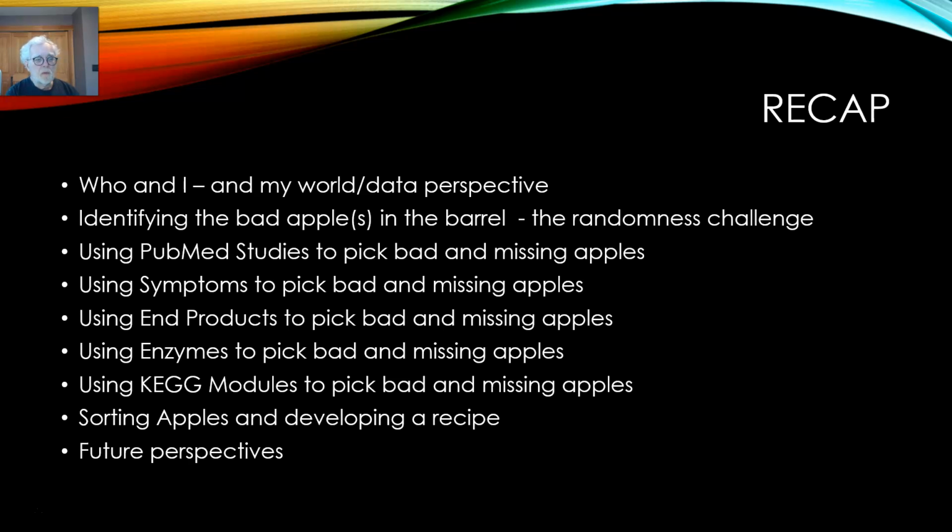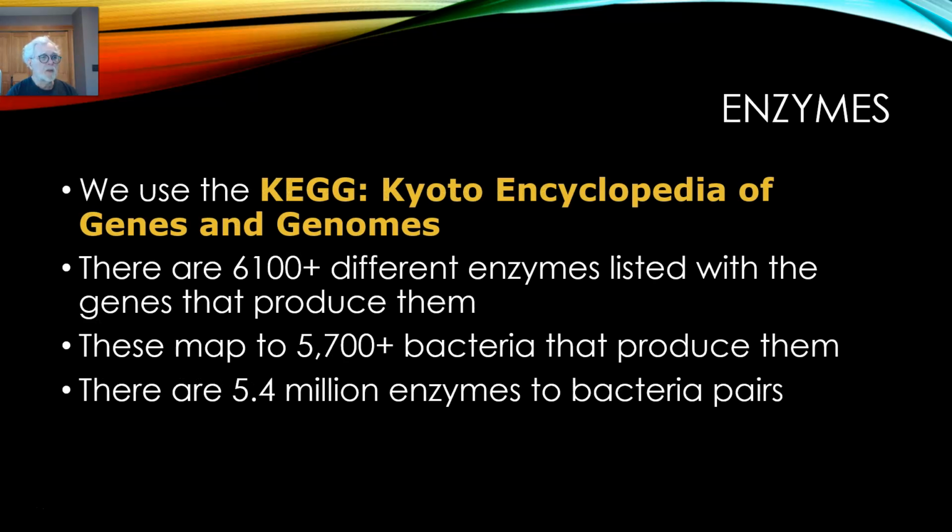The second from last is sorting the apples and developing a recipe, as in what type of protocol, what do you do to adjust your microbiome. The last one is looking at future perspectives of where things could go, probably in the near future. There are technology changes happening, etc. So with that quick recap as to where we are, let's get on to enzymes.